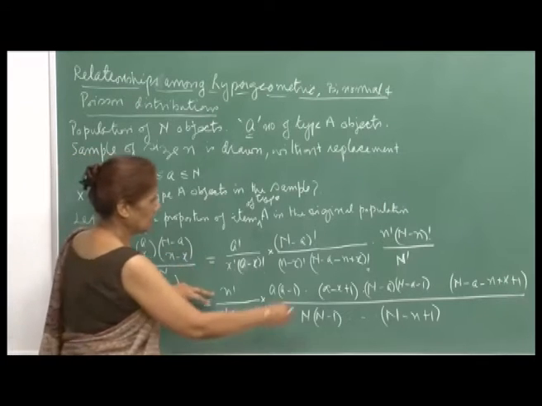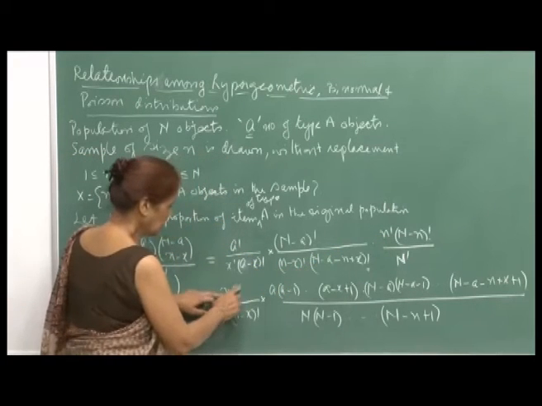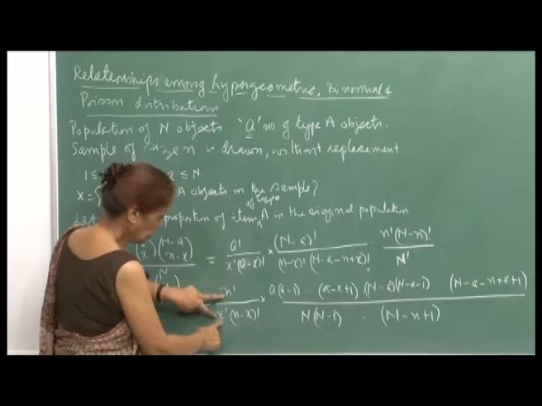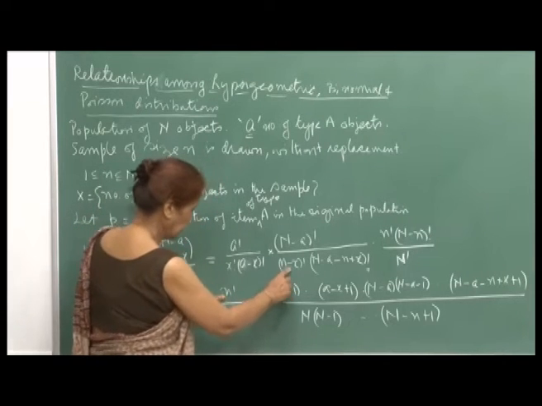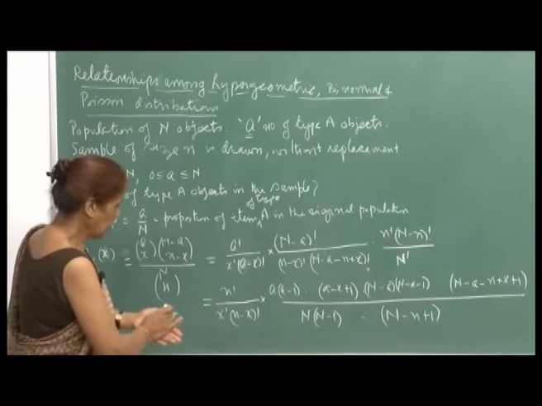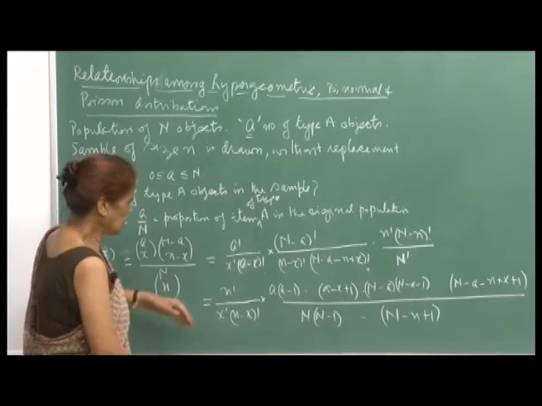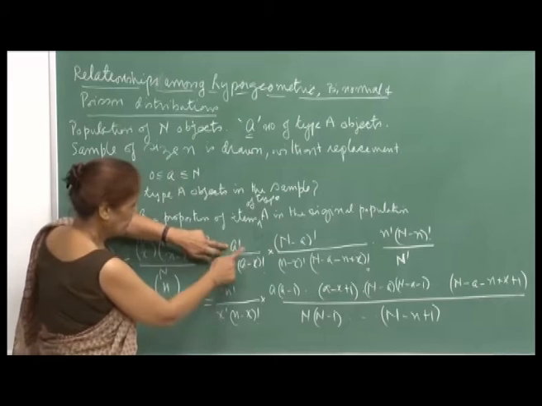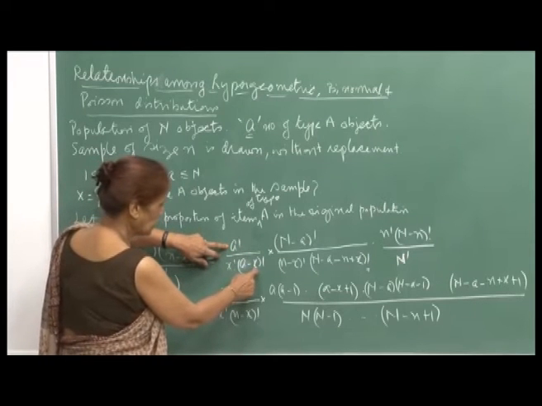What I will do is, this n factorial comes here, then x factorial and n minus x factorial. This I put together, and you can see that I am heading towards the binomial distribution. And then you see here A factorial divided by A minus x factorial.